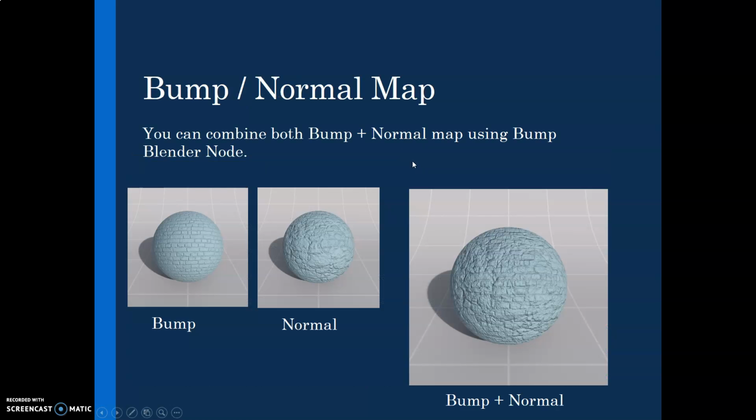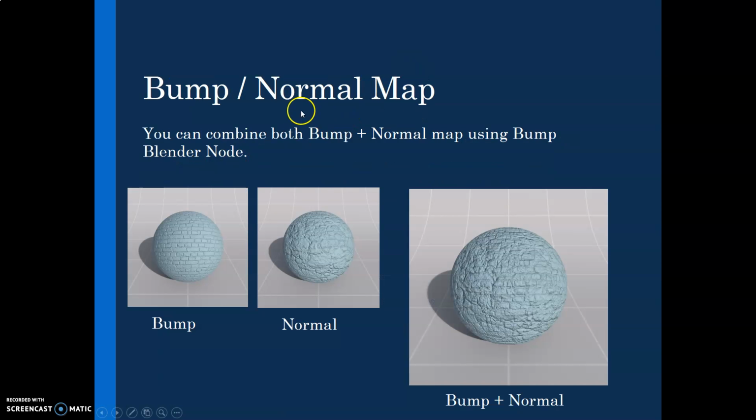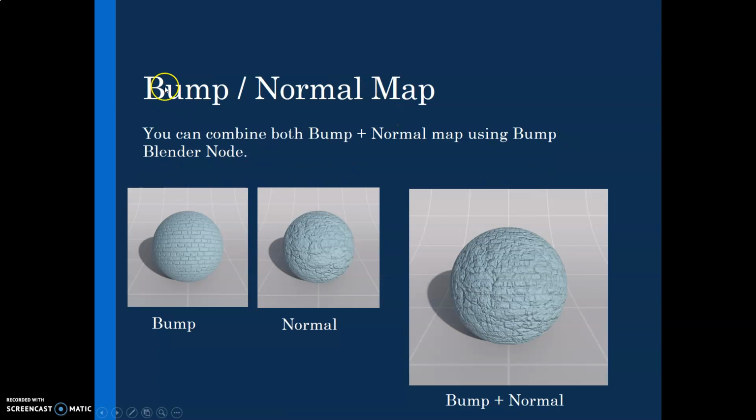Okay, now moving on, we're going to talk about displacement. Again, this is all in the same category: the bump map, the normal, and displacement. They are there to create surface detail. Now the thing about displacement is that it's different from normal and bump map.